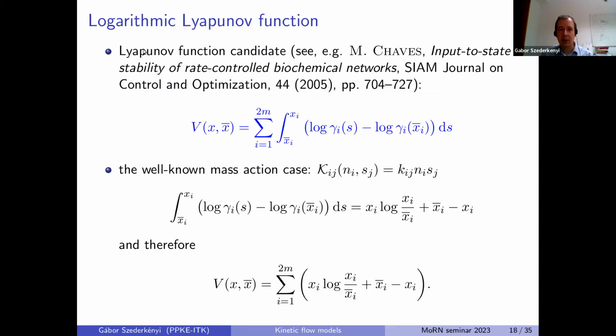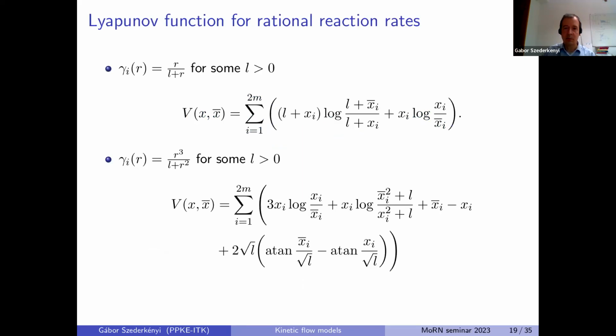From this paper, we have a general logarithmic Lyapunov function of such models. In the mass action case, we get back the well-known entropy-like Lyapunov function, but if the reaction rates are more complicated and we can integrate the terms analytically, we can have other very nice Lyapunov functions like these, for example.